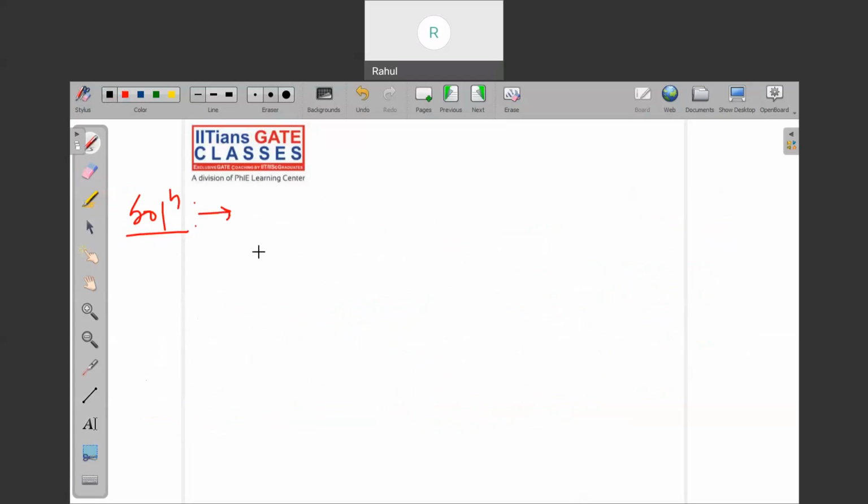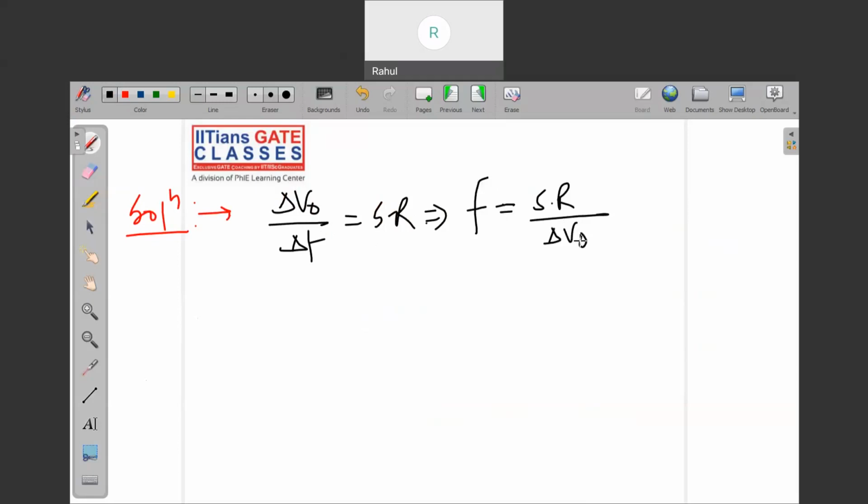As we know, the rate of change of V naught with change in time is defined as the slew rate. And 1 by delta t is basically f, right? So f will be equal to slew rate upon change in V naught.